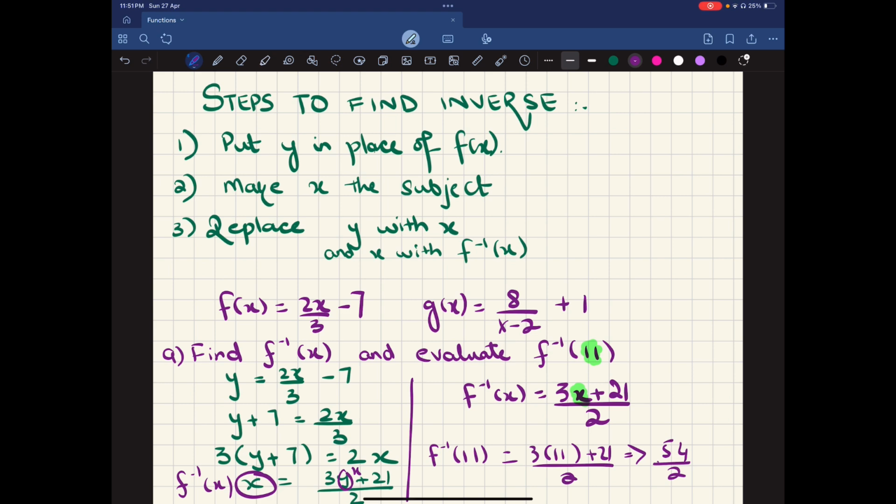So what do I have? I have 27 as the answer. Okay, so if you just memorize these steps, it becomes pretty straightforward and simple to find the inverse.